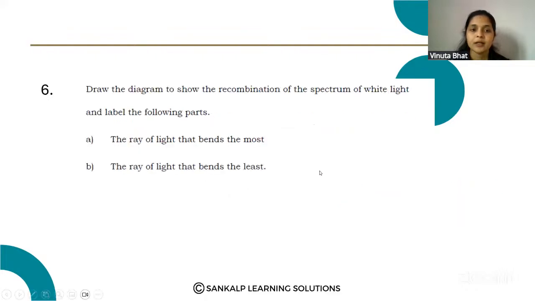Next question. Draw the diagram to show the recombination of spectrum of white light and label the ray of light that bends the most and the ray of light that bends the least. Please note down this question. You know that the spectrum of white light contains 7 different colors.